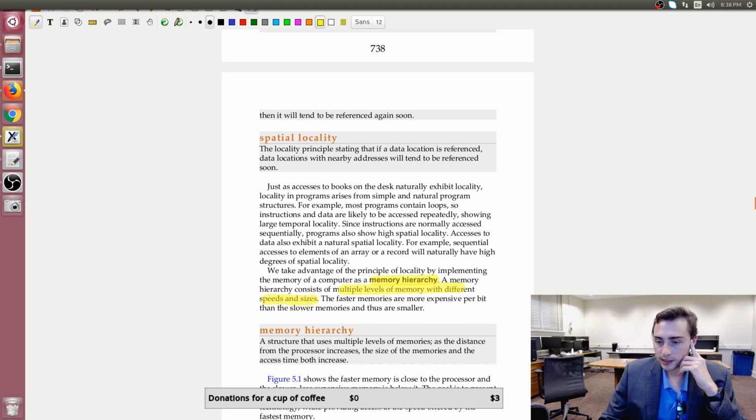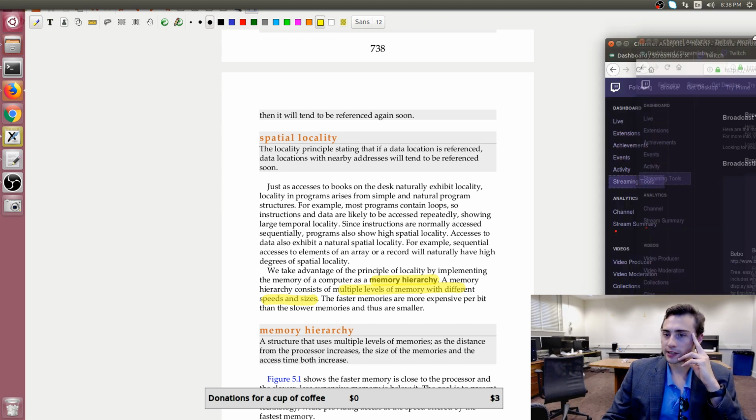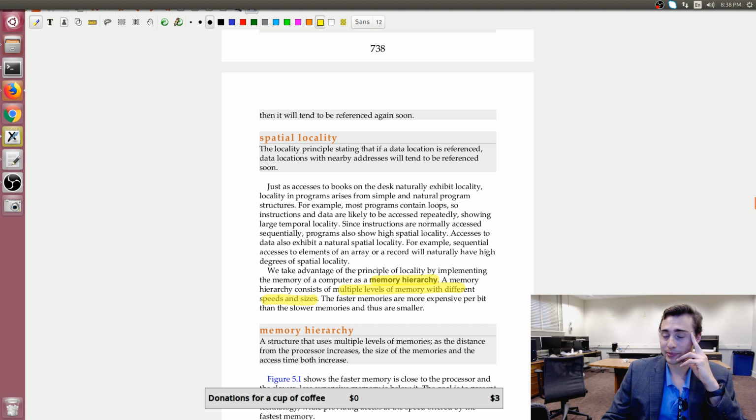I assumed it would be under moderation, so it's not there. Let's see if it's under channel. Streaming, no, it's not going to be under there. Until then, he's banned.